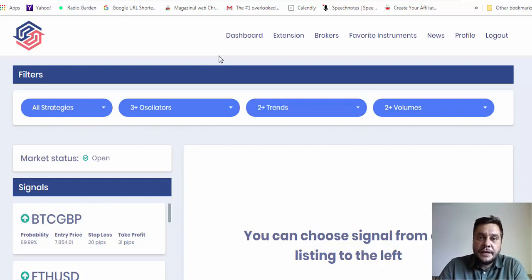Also, it's newbie friendly and has an integrated extension, a Chrome extension, which makes this software very stable.